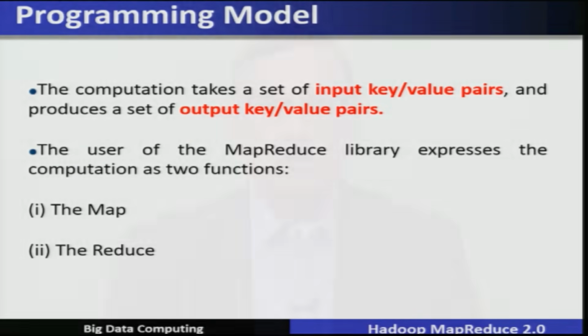Programming model. The computation takes a set of input key value pairs and produces a set of output key value pairs in this programming model. To do this, the user has to specify, using the MapReduce library, the 2 functions, the map and reduce function, which we have already explained.